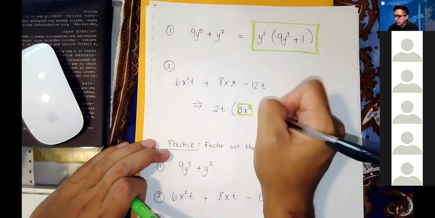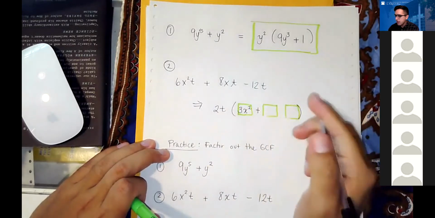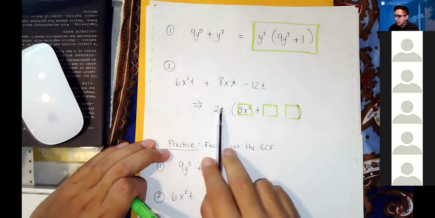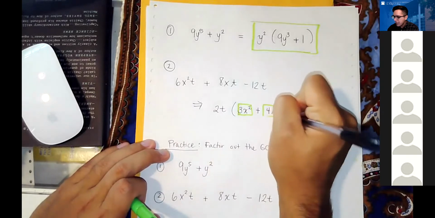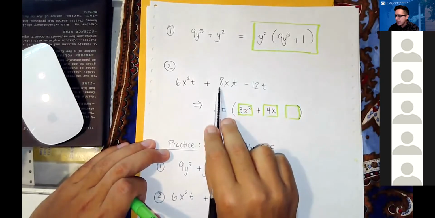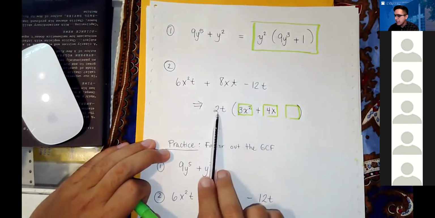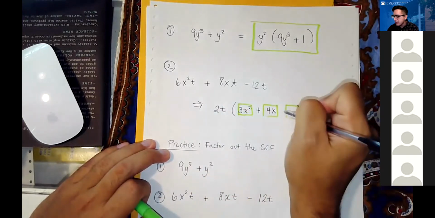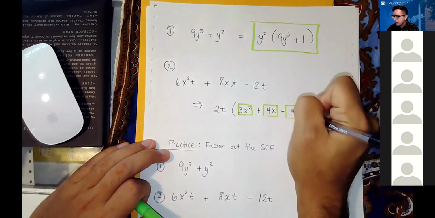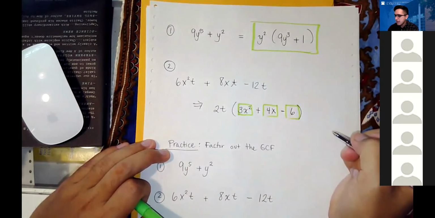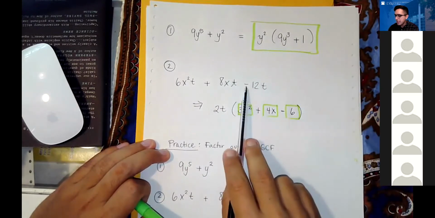This is a positive term, so I'm going to put a plus here. 2t times 4x should give me my 8xt back. And then finally, 2t times, well, this has to be a negative 6 to give me my negative 12t back.